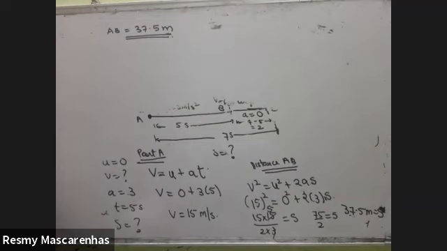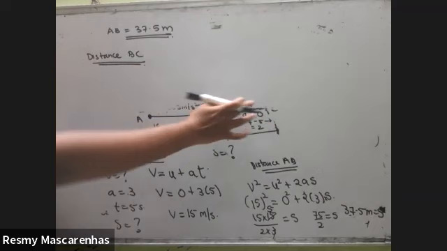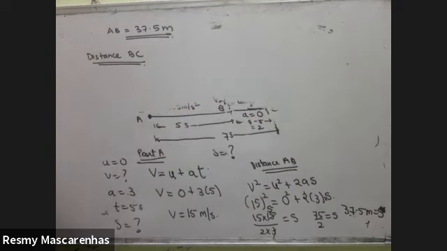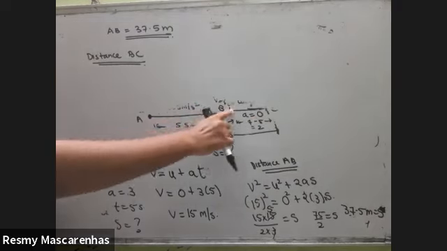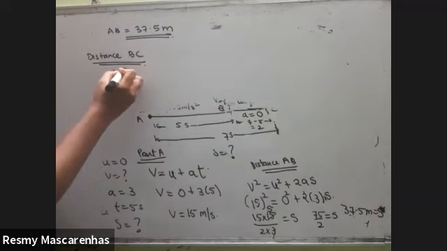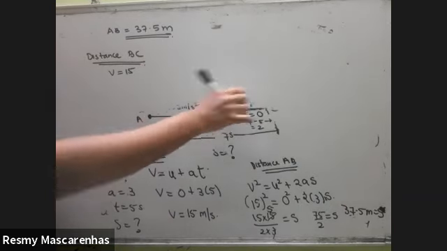Now I want to know what is the distance from B to C. I want to calculate distance B to C. So what all data do I know from B to C? V is 15 only because it remains constant.